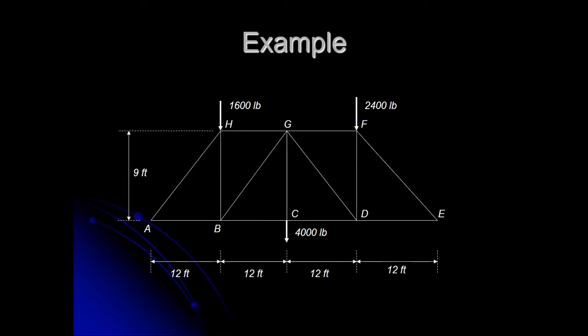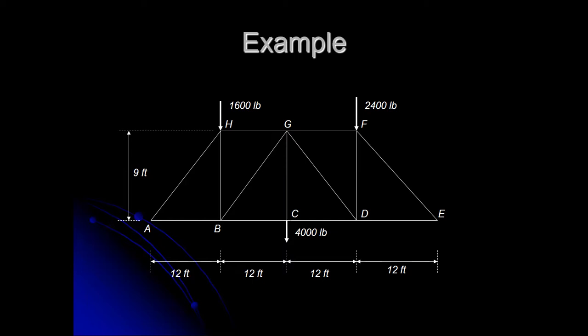So here on this truss, we've got, looks like 4 bays. So each bay is 12 feet wide. So we've got a 48-foot section. And it's looking pretty almost symmetric.